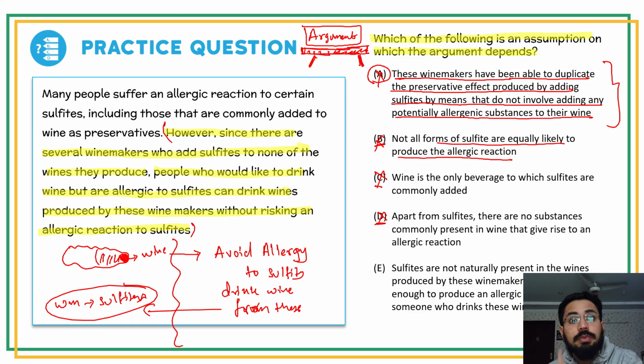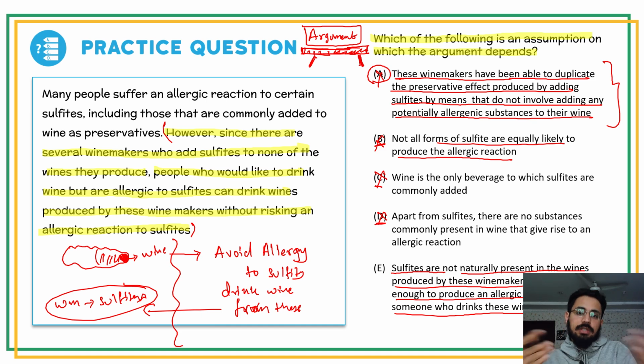Let's try assuming the opposite of E and see if my argument falls down. Let's say you say that, do you know, Sikandar, sulfites are naturally present in the wines produced by these winemakers in amounts large enough to produce an allergic reaction in someone who drinks these wines? Well, that would completely break my argument.